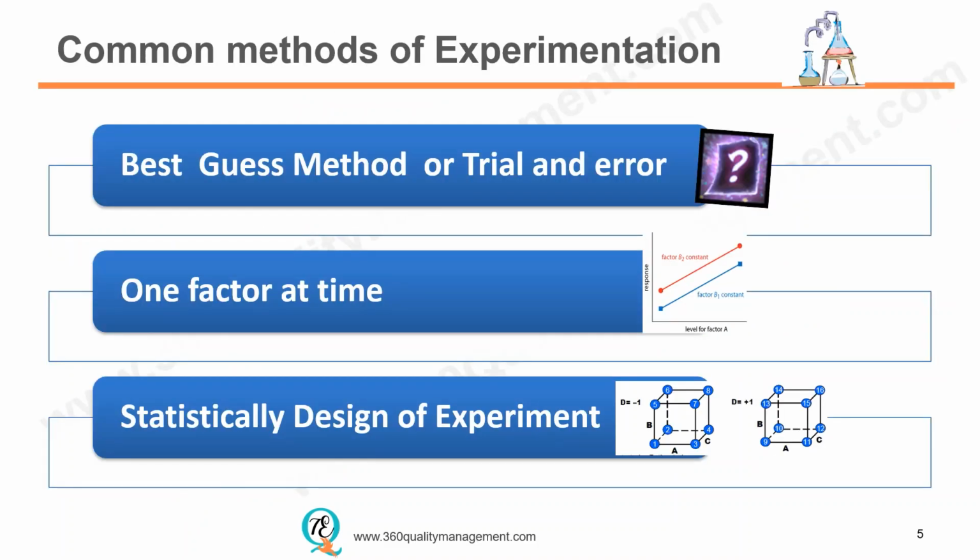In the next few slides, we will go through the common methods of experimentation, which includes the best guess method, or known as trial and error, one factor at a time, and also statistically designed experiment that is used to establish the relationship or to find out how the process input factor X has an impact on the process output, which is the result.